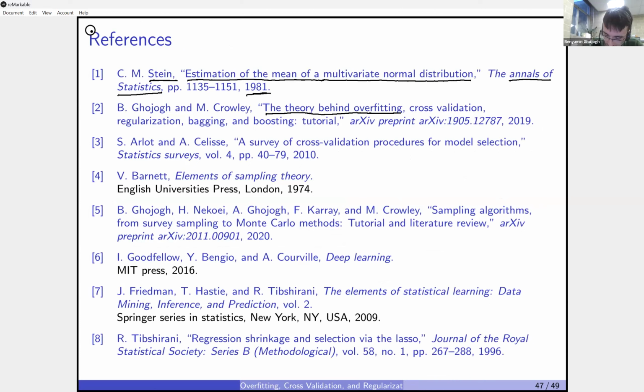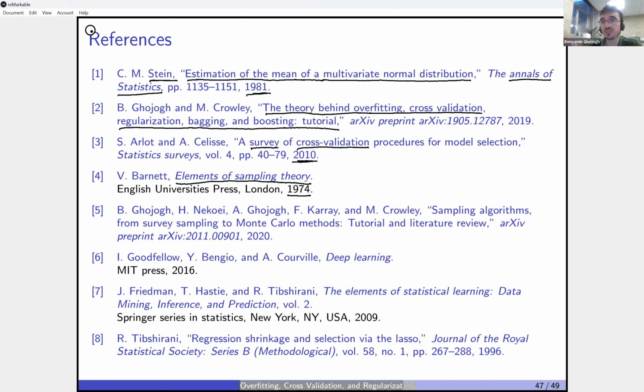This is our tutorial, The Theory Behind Overfitting, Cross-Validation, Regularization, Bagging, and Boosting. There is a survey on cross-validation procedures for model selection in 2010. Also, Elements of Sampling Theory. It's a good book from 1974 about sampling algorithms.